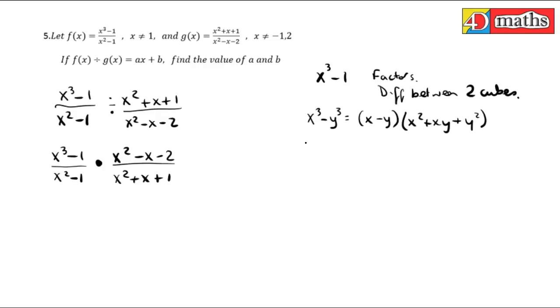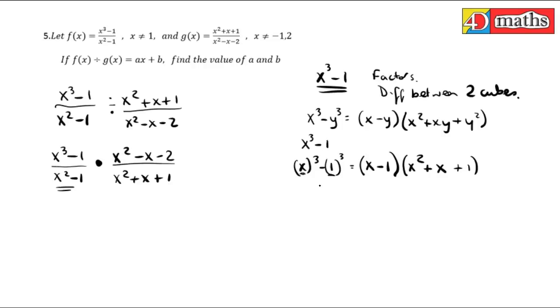So x cubed minus 1 can be written as x cubed minus 1 cubed. That's what we call x, and that's what we call y. If we sub it in, that would be x minus 1, x squared plus x, because multiplying 1 by x you get x, and the square of y, which is 1. So that's the answer for this.